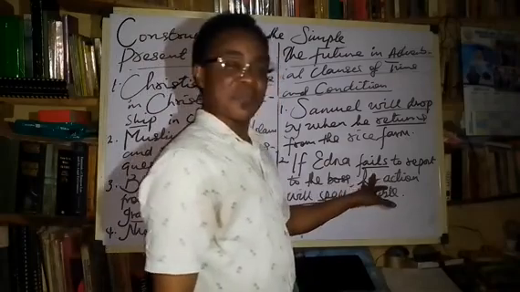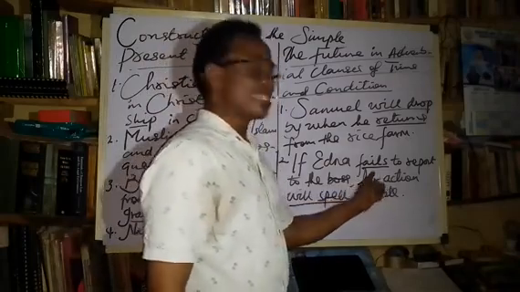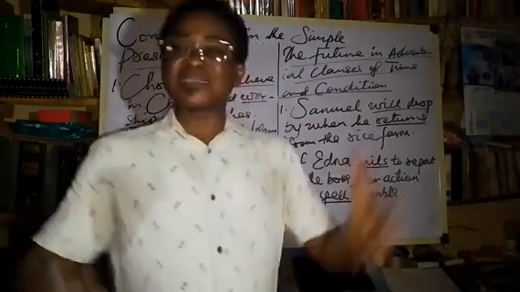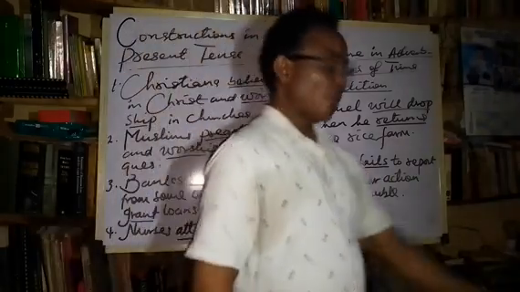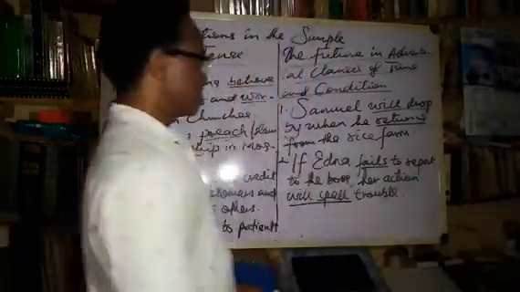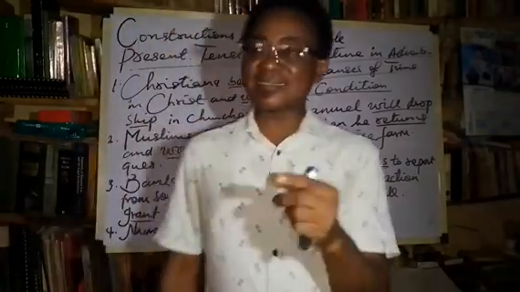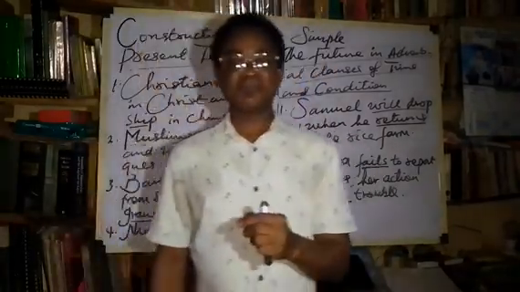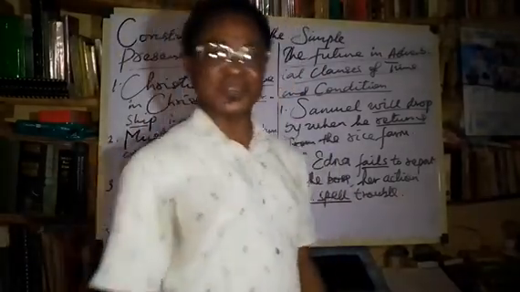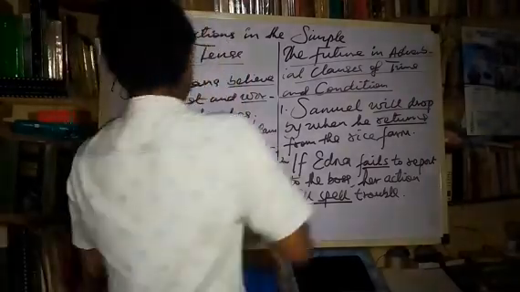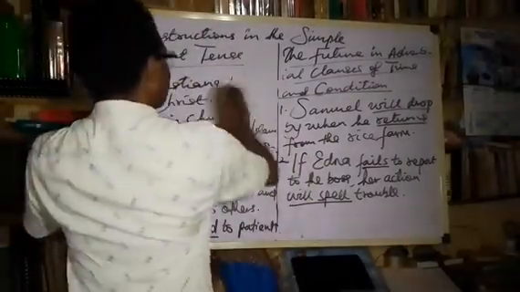And in that adverbial clause of condition, there is a verb in the simple present tense, and that verb is fails. All right? In the final analysis, let's talk about the last action, the last function of the simple present tense.